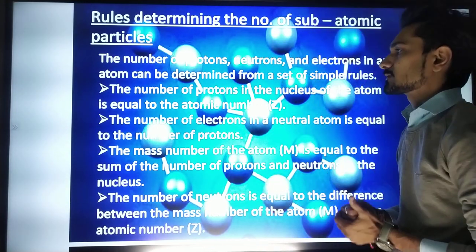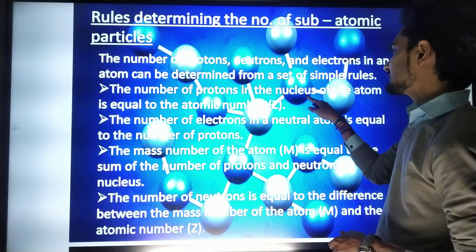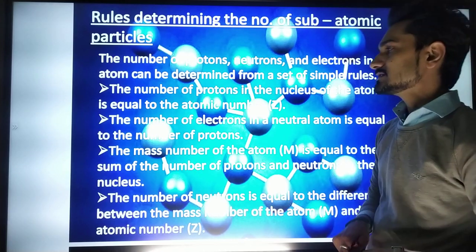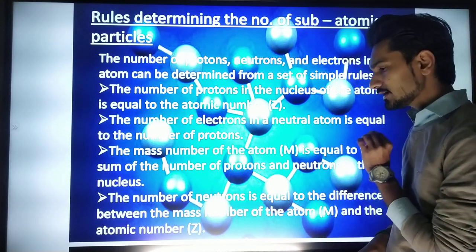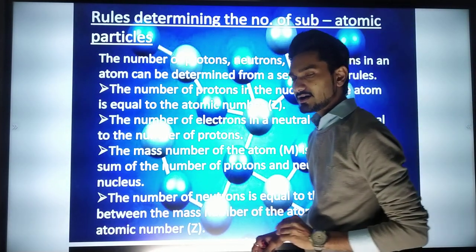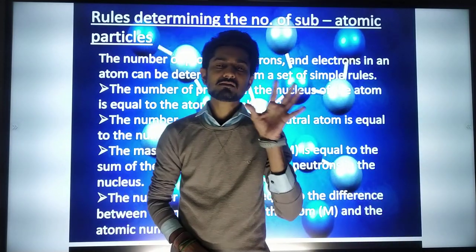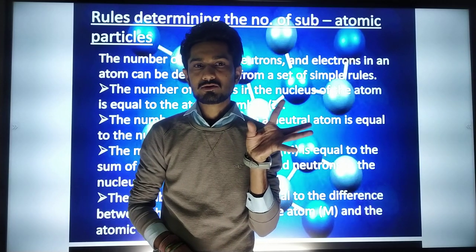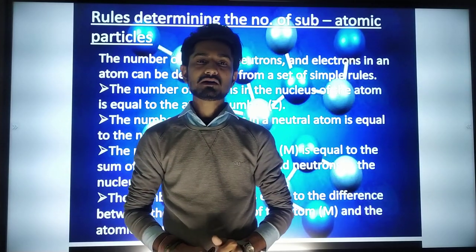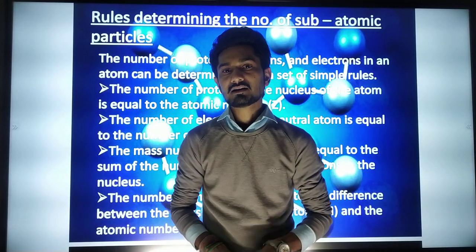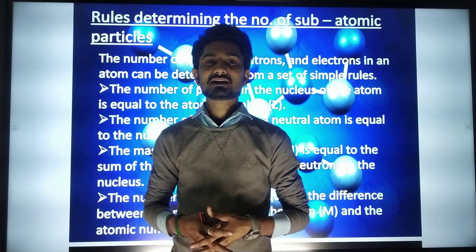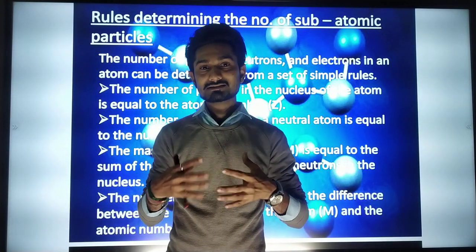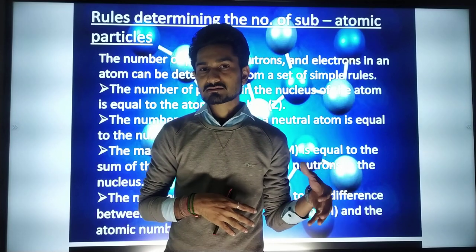The first rule: the number of protons in the nucleus of the atom is equal to the atomic number Z. Now you have seen some of the elements' names. You have already remembered the elements' names from chapter number 3. As we discussed in the classroom, you have to memorize the table of elements.